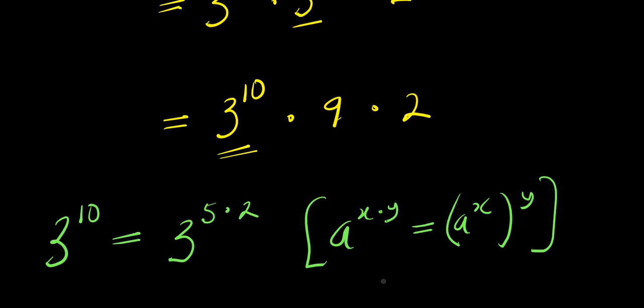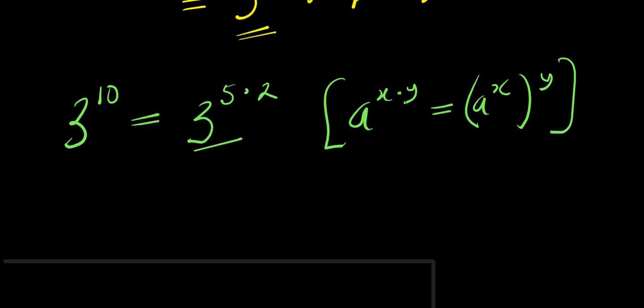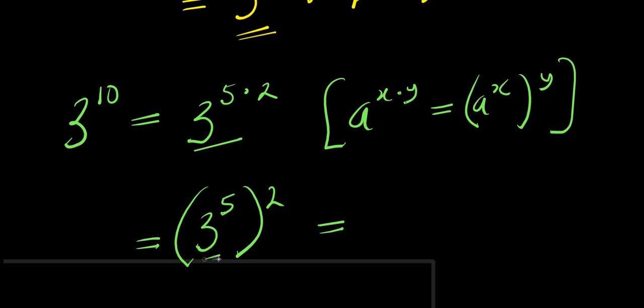That's the identity. So we apply it here. That means you will simply have 3 power 5 raised to the power of 2. And from here, we need to find the value of 3 power 5.